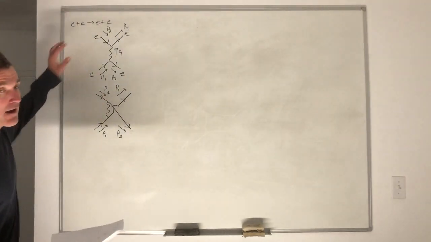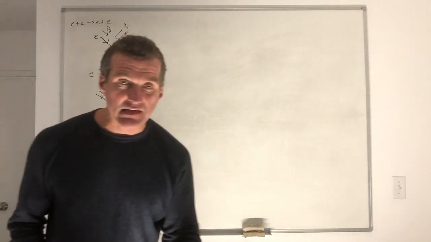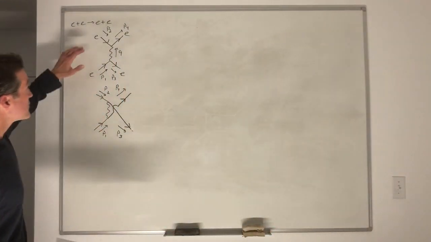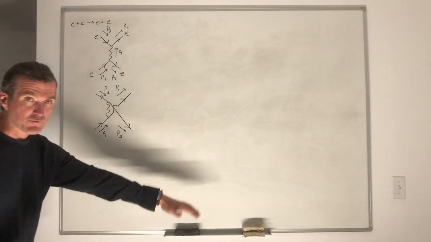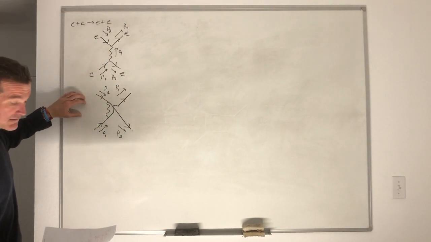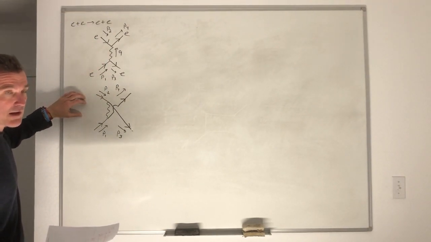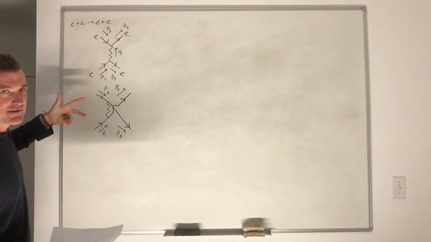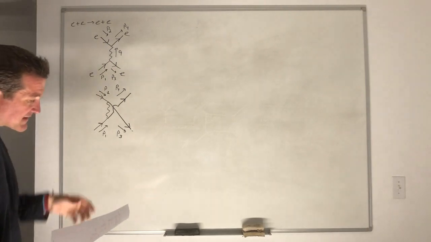Okay, so now is the important part. If you've been sleeping, wake up, because what I'm about to do is employ all of those rules that I just wrote down to evaluate these two things. And you all know what I'm going to do. I'm going to evaluate this one, and then this one I'm just going to swap. So let me go through this.